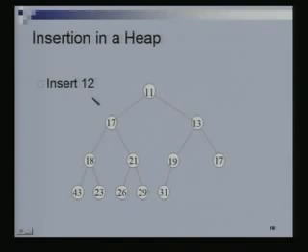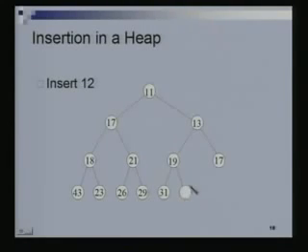So, suppose I wanted to insert 12 into this heap. What would I do? Well, right now this heap has 12 nodes in it. If I insert 12, this heap is going to have 13 elements in it. If it has 13 elements in it, then structurally I should have another node here. So, that is the first thing I would do.